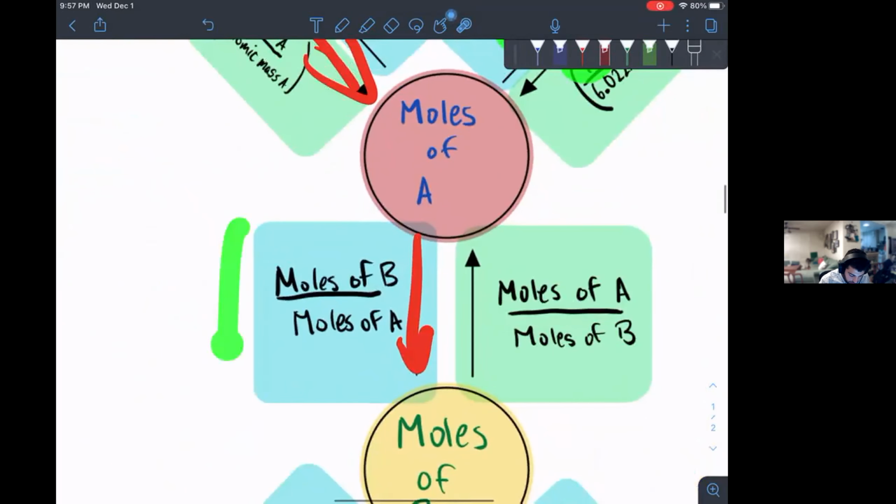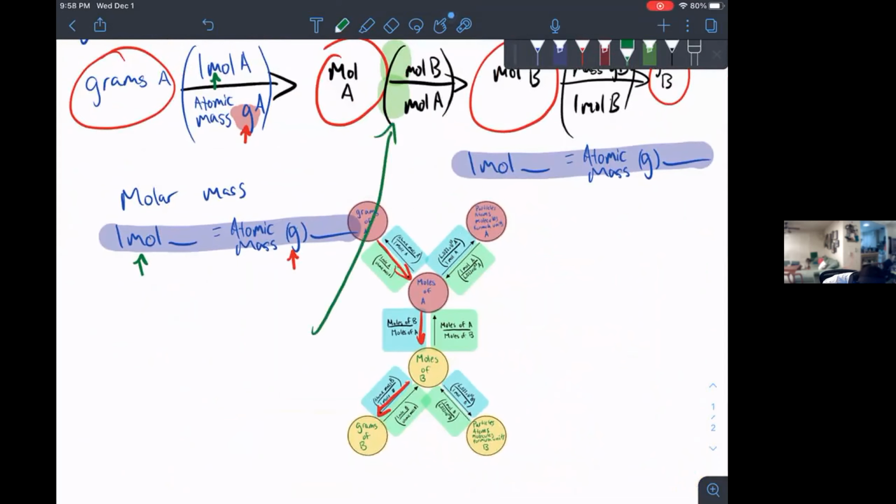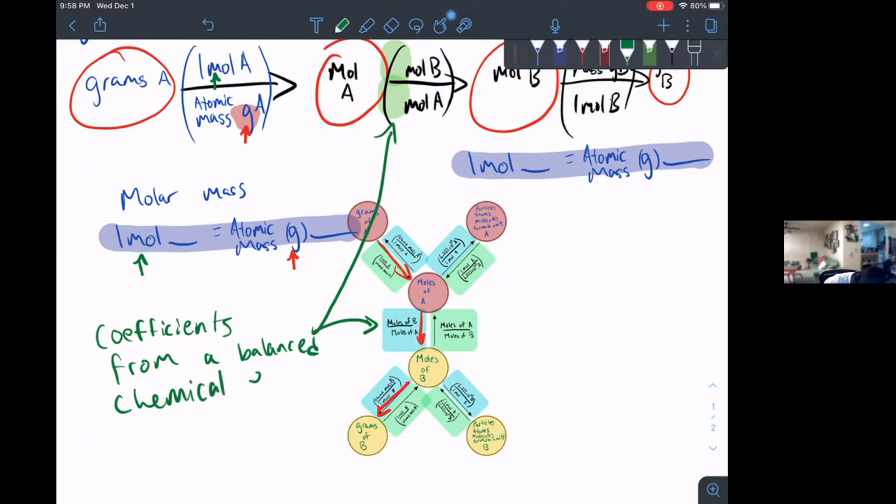But in this middle section, I don't tell you the moles. Well, here's the secret. The moles here are the coefficients from a balanced chemical equation.